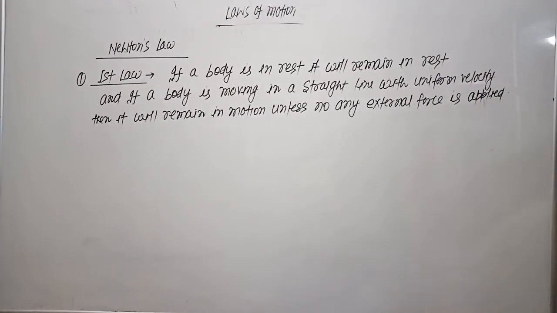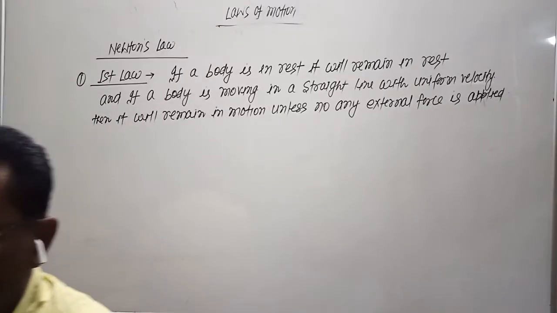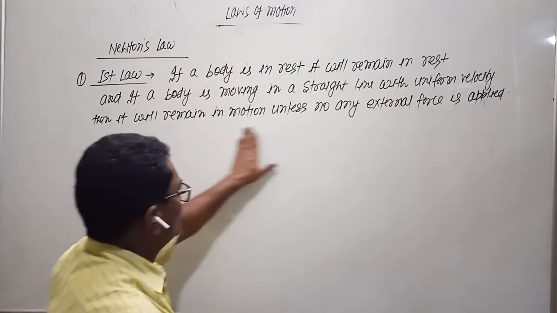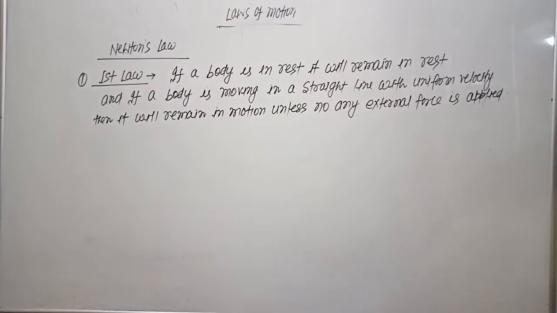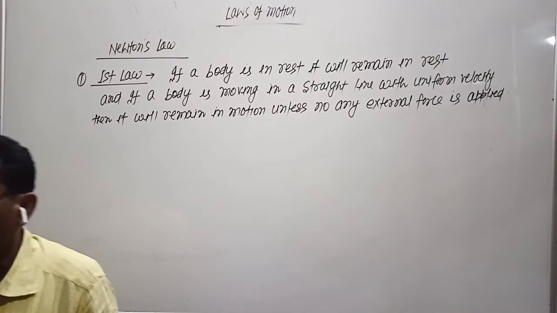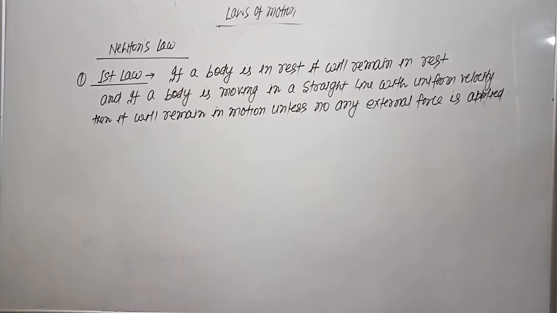The definition of inertia of rest was, if a body is at rest, it will remain at rest, and the definition for inertia of motion was, if a body is in motion in a straight line with uniform velocity, then it will remain in motion in a straight line with uniform velocity unless an external force is applied on the body. So we conclude that Newton's first law of motion comes from the law of inertia.